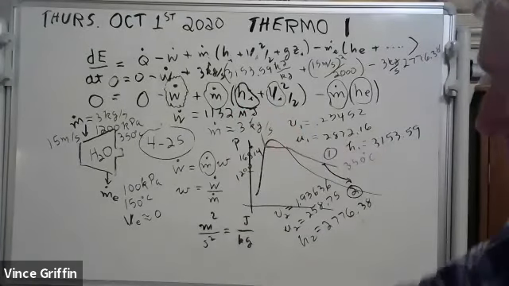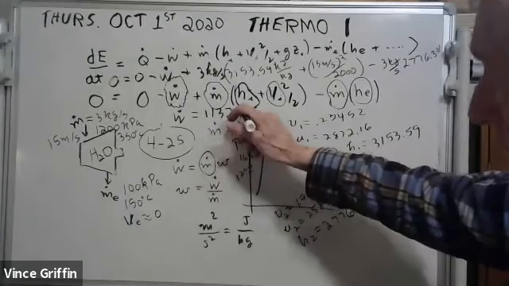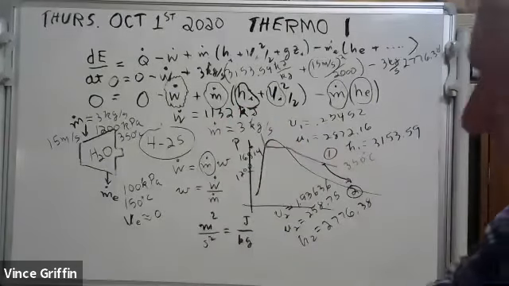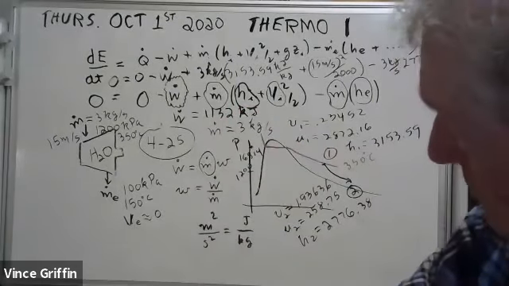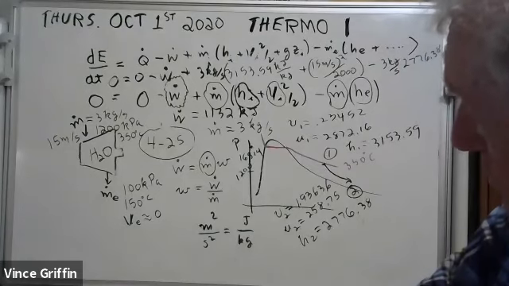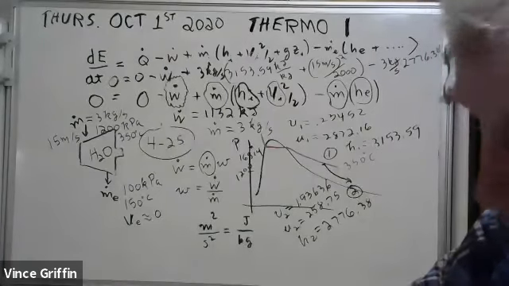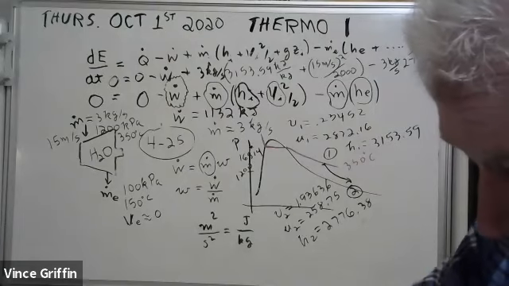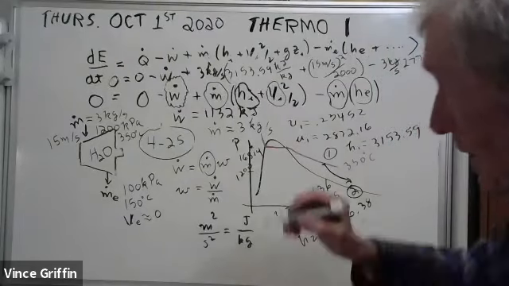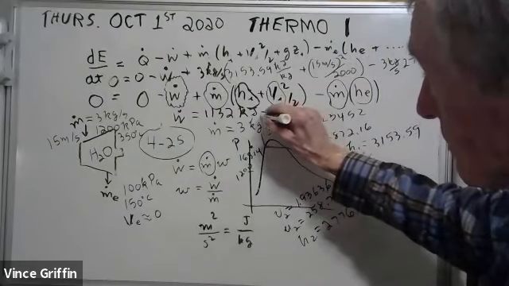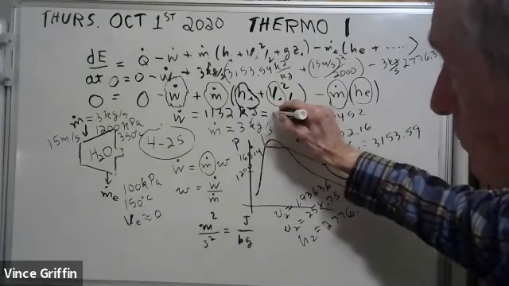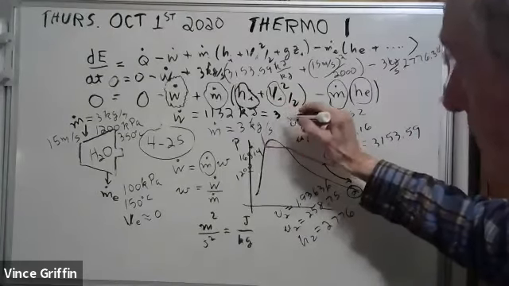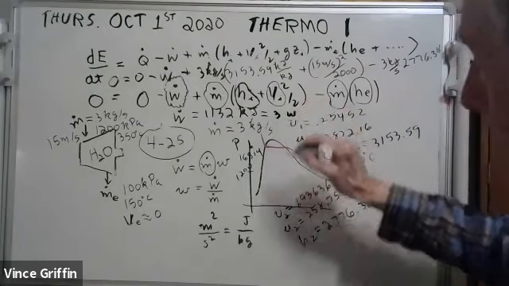Because, no, it's a kilojoule. It's 1,132 kilojoules. And that's equal to m dot, which is 3 times little w.